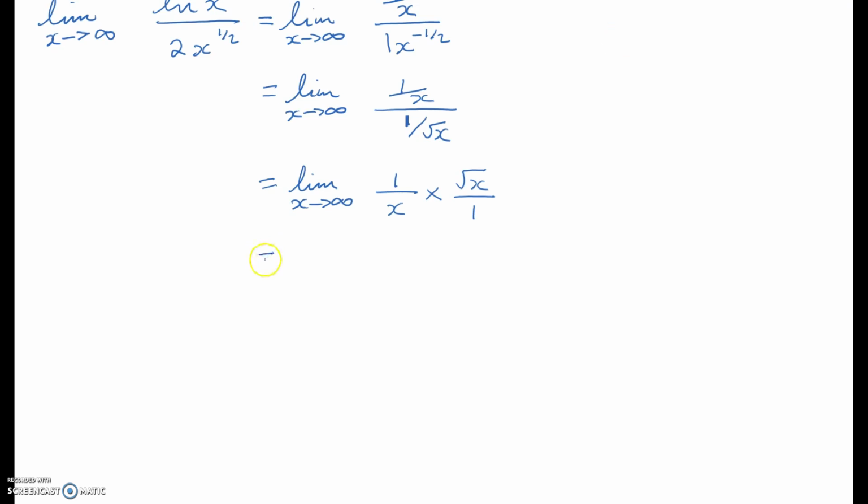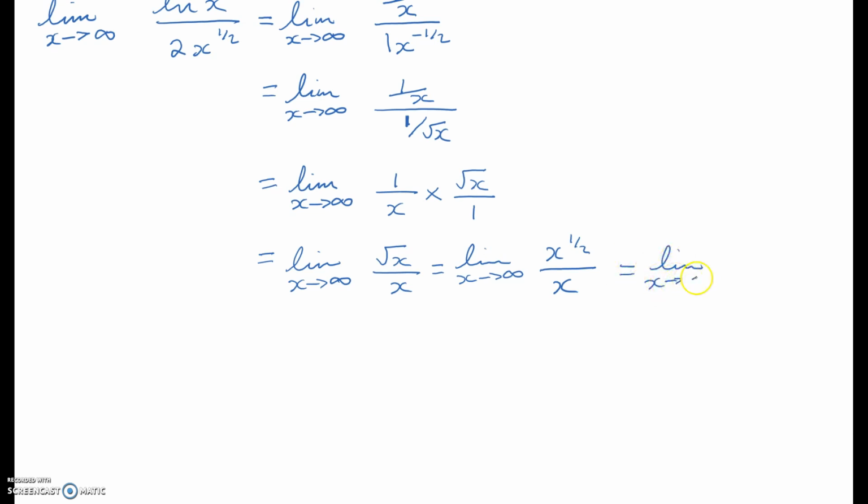Well, that's going to be the limit as x approaches infinity of root x over x, which is the limit as x goes towards infinity of x to the power of 1/2 over x, which is the limit as x goes towards infinity of 1 over the square root of x.